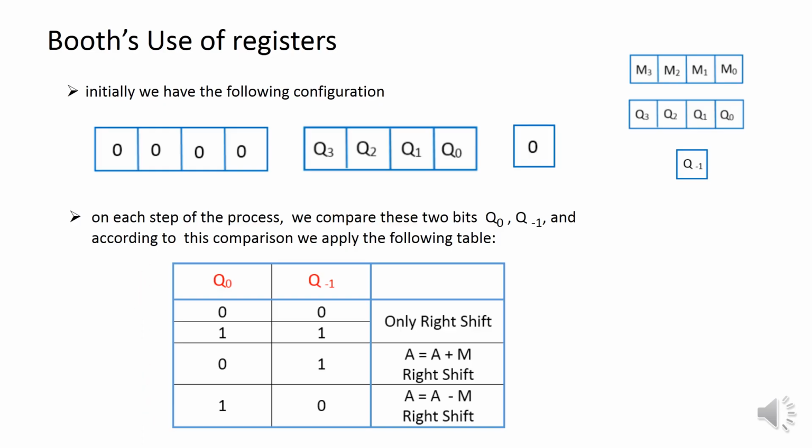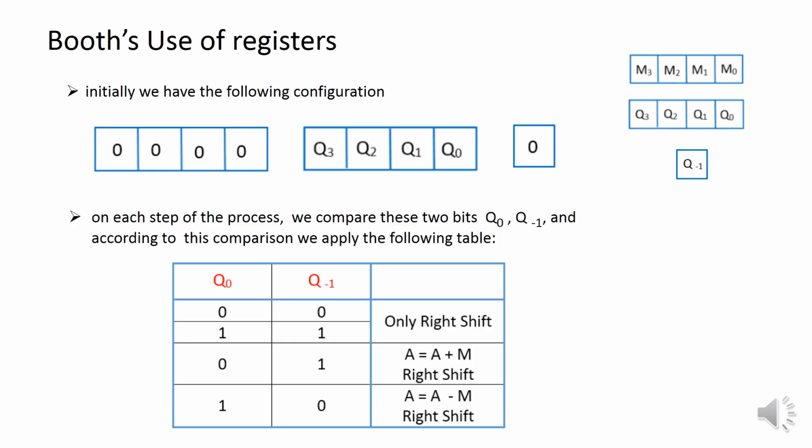Let's explain the content of the table. If Q0 and Q-1 are 0 and 1, we perform this addition and the result is stored in the accumulator register. If Q0 and Q-1 are 1 and 0, we perform this subtraction and the result is stored in the accumulator register.